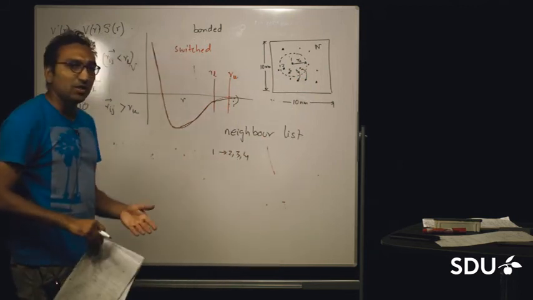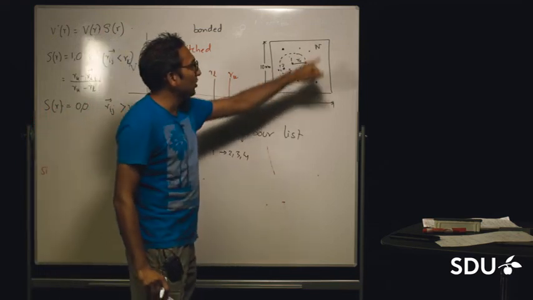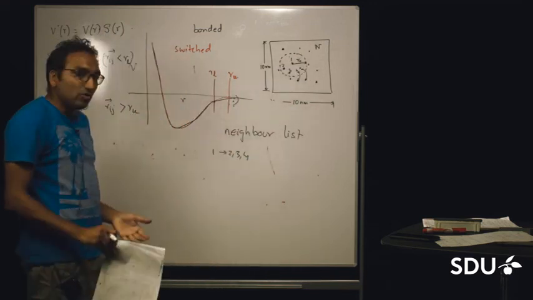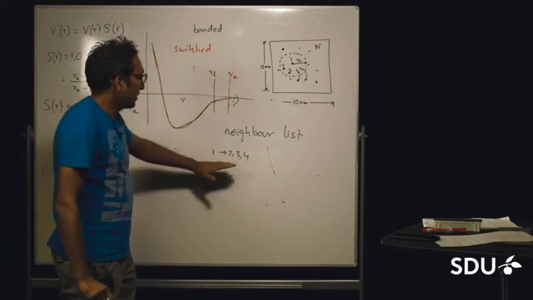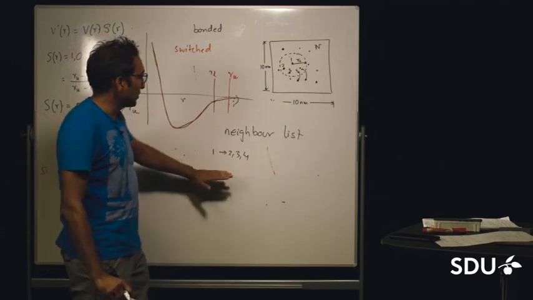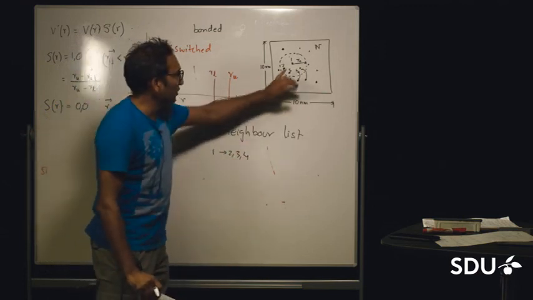At the next time step, we will not calculate the distances of this particle from all other particles, but claim that during this time step, the number of neighbors and their identities have not changed, and I will calculate non-bonded interactions between particle 1 and particles 2, 3, 4.